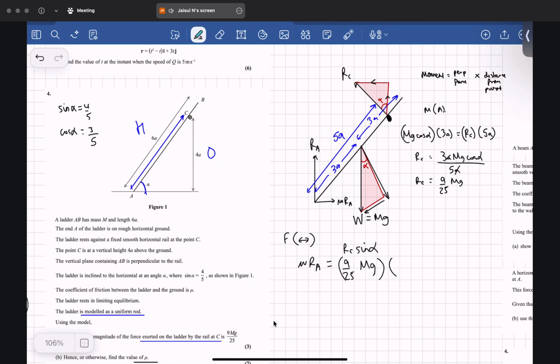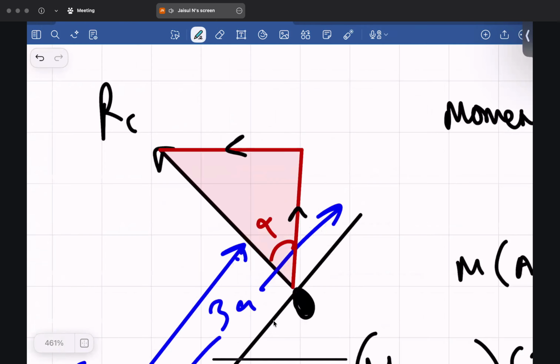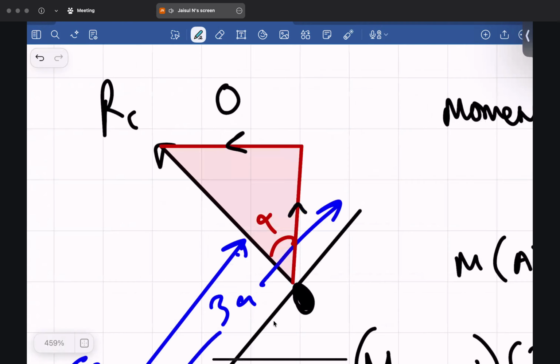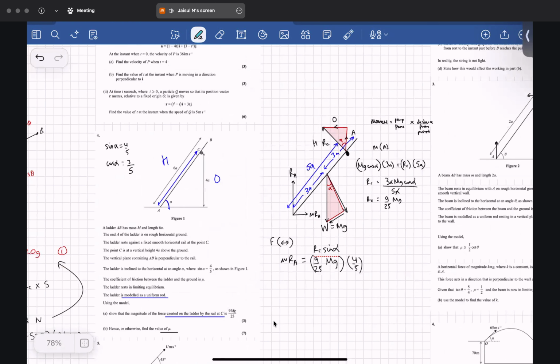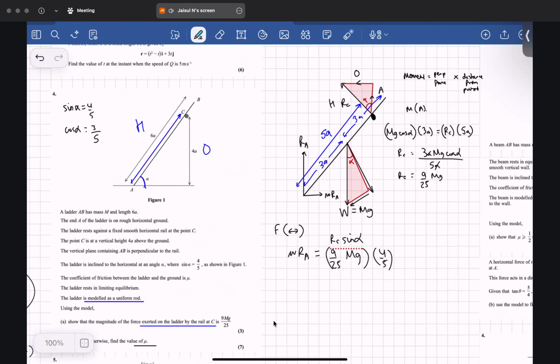Yes, you can draw your triangle here. That's your opposite, that's your RC, which is the hypotenuse. If you wanted to draw it separately, you could. So then we get 9 times 4, 36 over 125. So mu RA equals 36 over 125 mg.